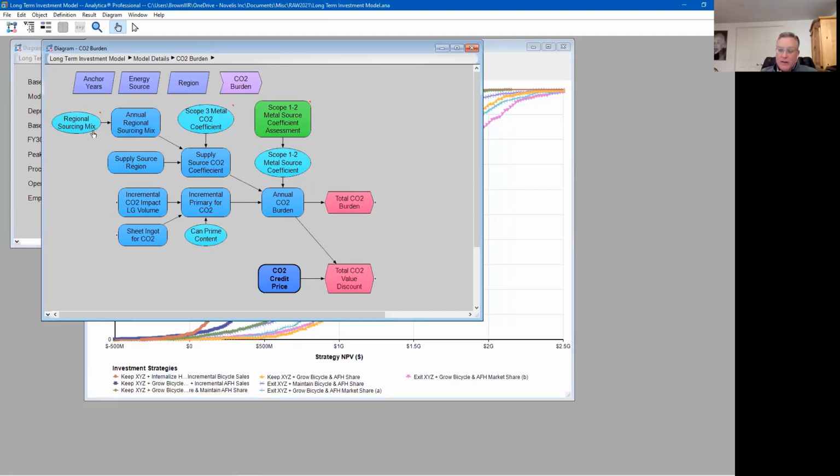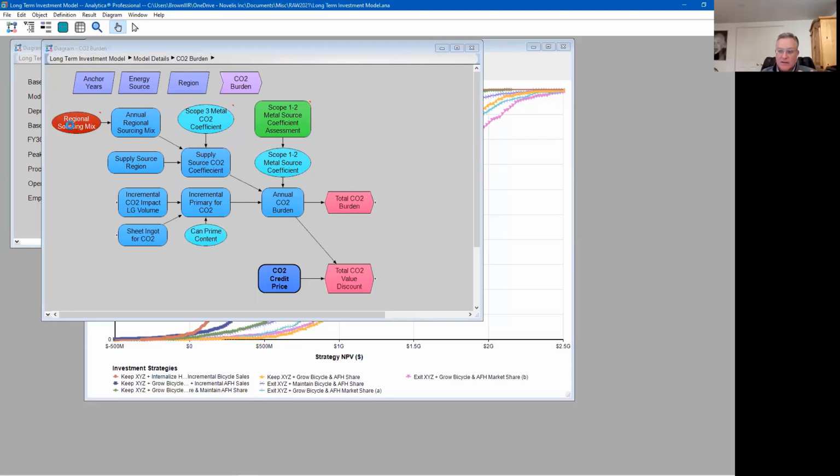Now, we also have behind all this, so of course, you might be wondering, how do we get those CO2 values? Well, we do have a certain sourcing mix. So if we know where this aluminum, prime material, or the recycled material is coming from, then we can understand what fraction of that material is prime, and how much of it comes from different regions.